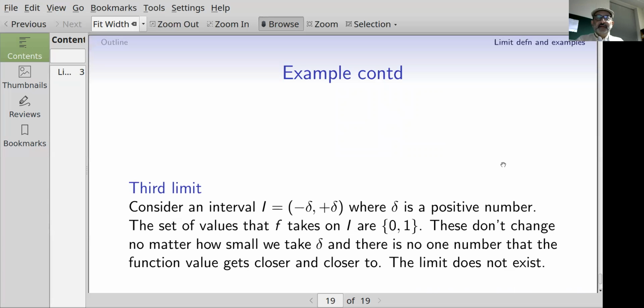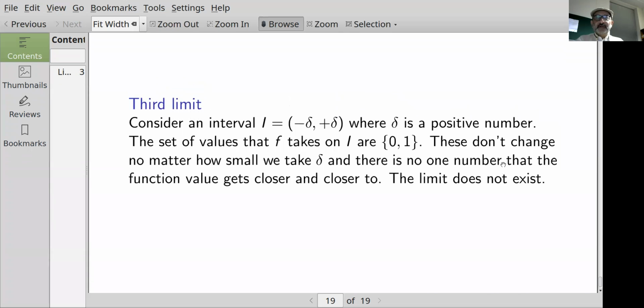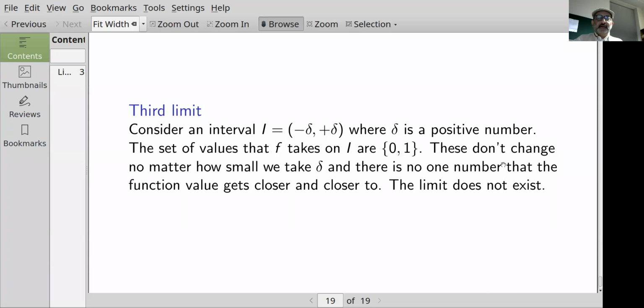Okay. Now consider the third one. You're taking the limit as x goes to 0. Well, consider that you're on an interval about 0. 0 is at the center of this interval, from minus delta to plus delta, and you pluck 0 out of that.